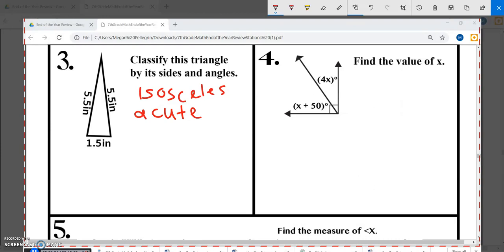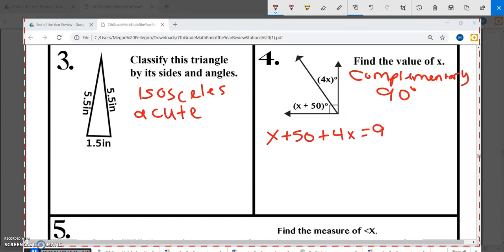Find the value of x. So those two angles are complementary. So together they are equal to 90 degrees. When we add the angle that is x plus 50 and the one that is 4x, it is supposed to give me 90 degrees because it is a right angle.